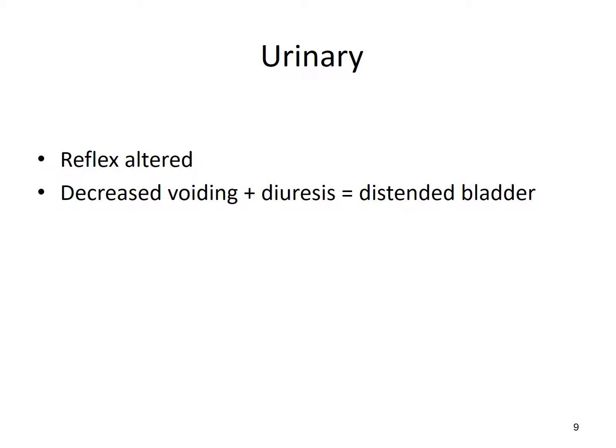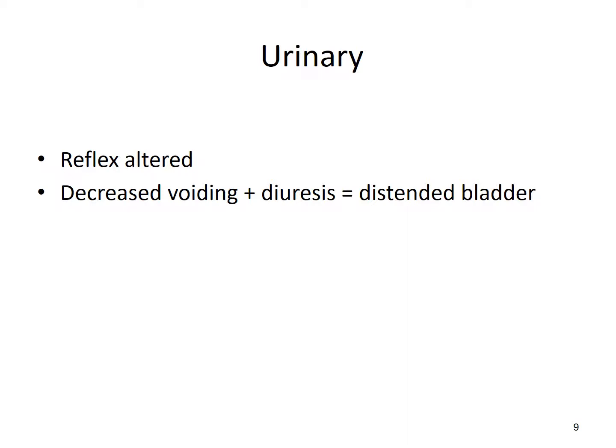Since the client is at risk for orthostatic hypotension due to blood pooling, the nurse should assist the client to the bathroom for the first void. Catheterizing is done only as a last resort. Expected findings include mild proteinuria due to decreased placental mass breakdown, voiding reflex altered, and urinary retention due to trauma, as mentioned before.